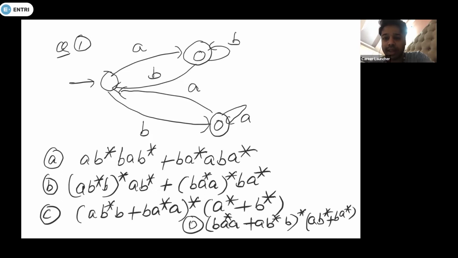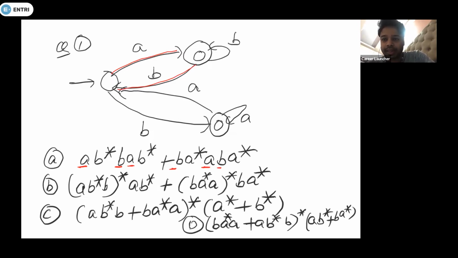In option A, we are taking minimum strings like A B A. Here the minimum string is A B A, and here the minimum string is B A B A. No problem at all.